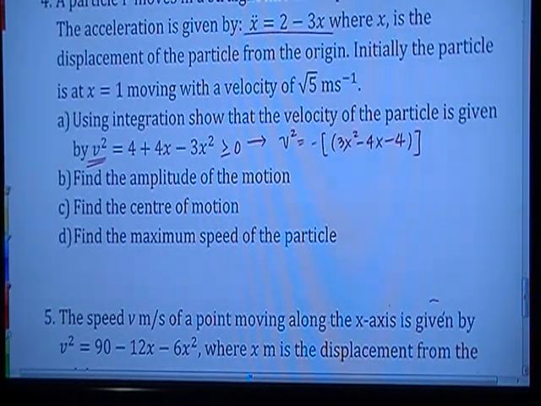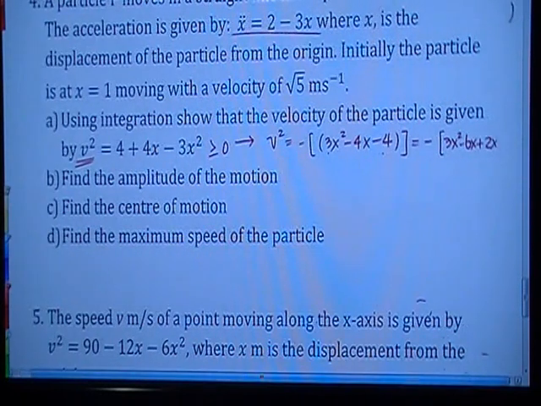I don't know how you guys factorize your stuff. The slow way, you'd have to find factors of 3 times minus 4, which is minus 12, that add up to minus 4, which is going to be minus 6 plus 2. So you get 3x squared minus 6x plus 2x minus 4.